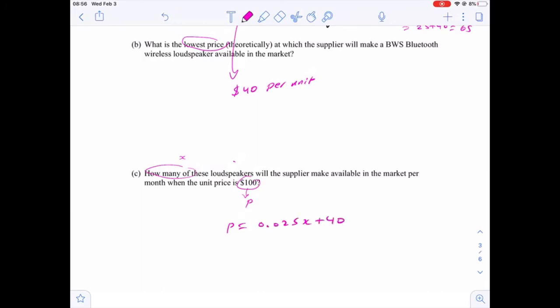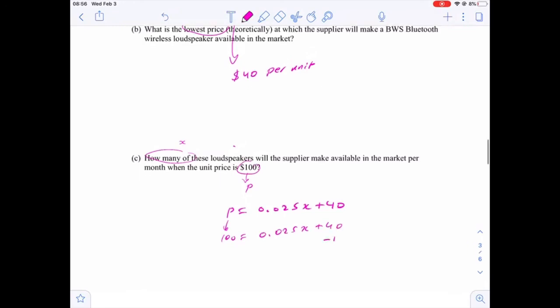Since p is given, 100 equals 0.025x plus 40, and then we solve for x. We subtract 40 and get 60 equals 0.025x, and then divide by the coefficient of x. So x equals 2400 units per month.